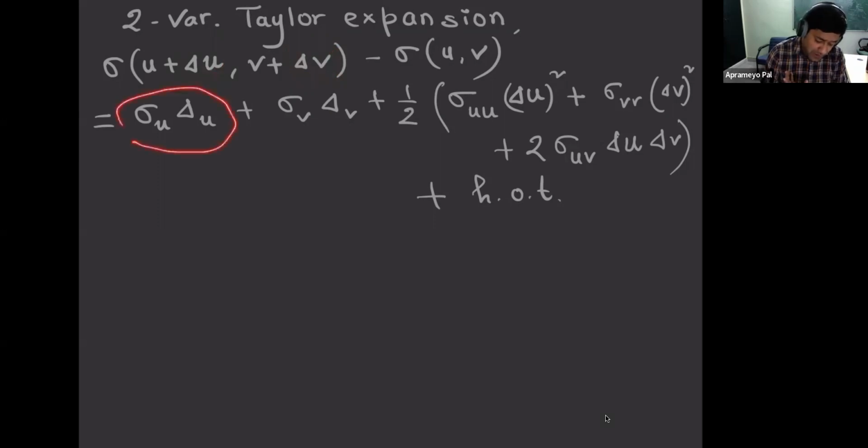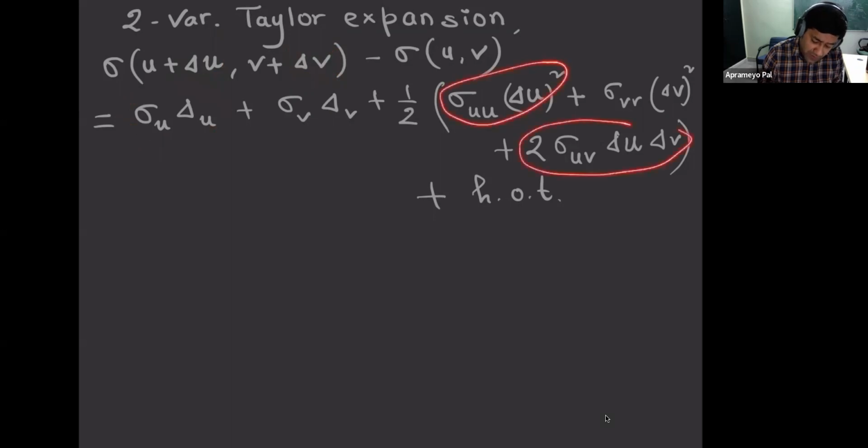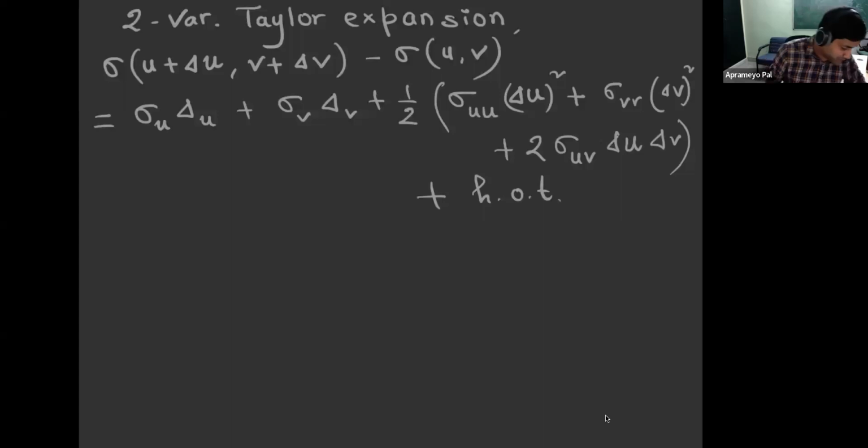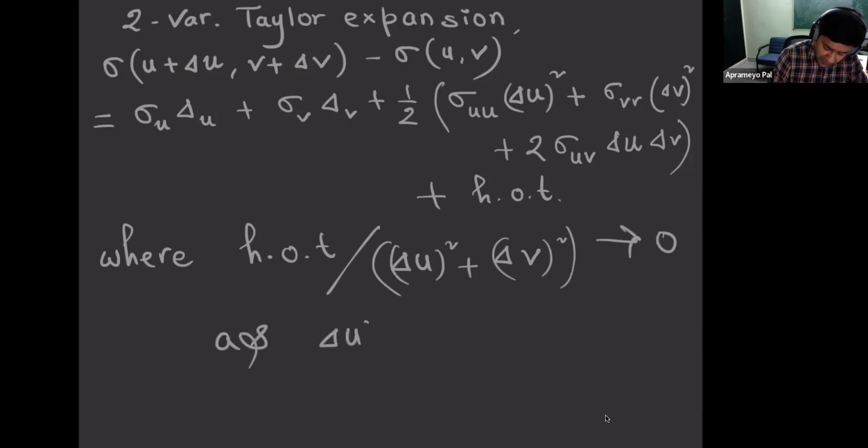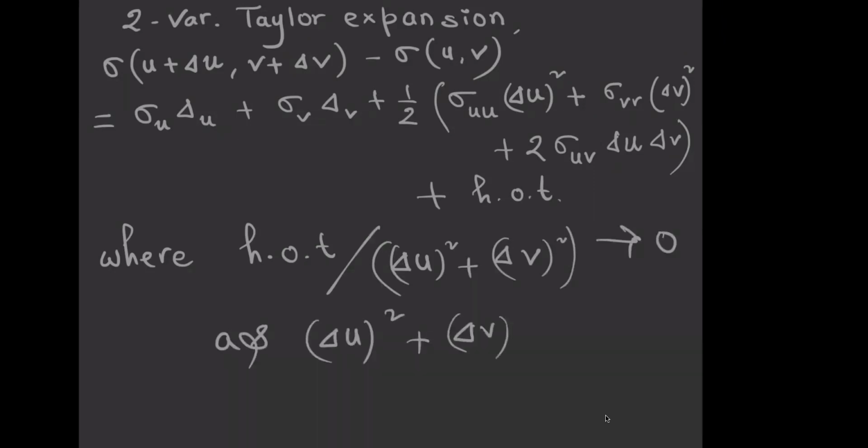Here we have one contribution for delta u, one for delta v, and then one coming from the mixed term. And again, similar to the single variable Taylor expansion, the higher order terms divided by delta u squared plus delta v squared go to 0 as delta u squared plus delta v squared goes to 0.